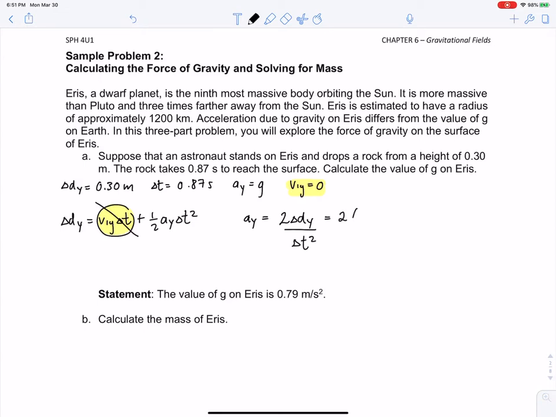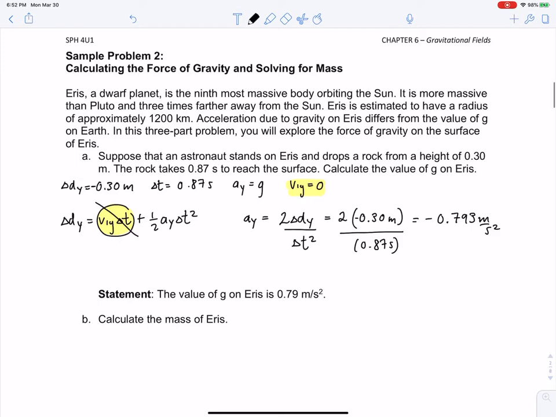We can sub and solve. It's 2 times 0.30 meters. I'm going to use a negative sign to imply that this was going in the down direction, divided by delta t, which is 0.87 seconds squared. Punch this into our calculator and we get negative 0.793 meters per second squared.